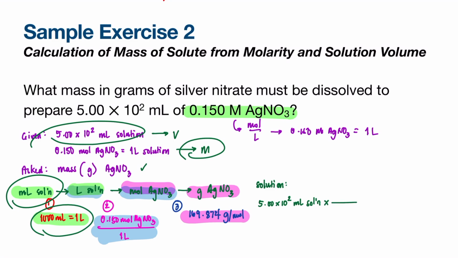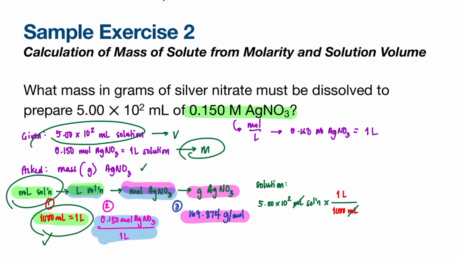Since the current given unit is in mL, my denominator will be 1000 mL and my numerator will be 1 liter. So as you can see, I can already cancel my mL units, and the current unit is already in liters. Now we're done with step 1.